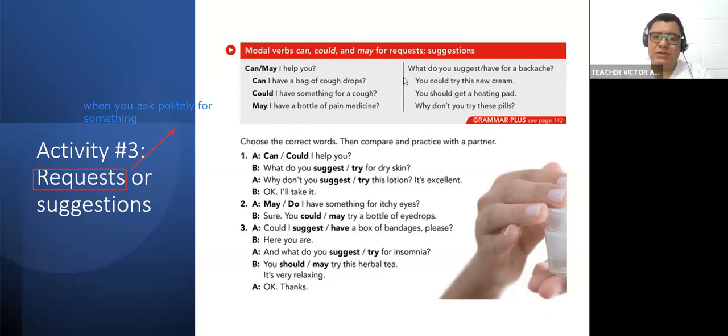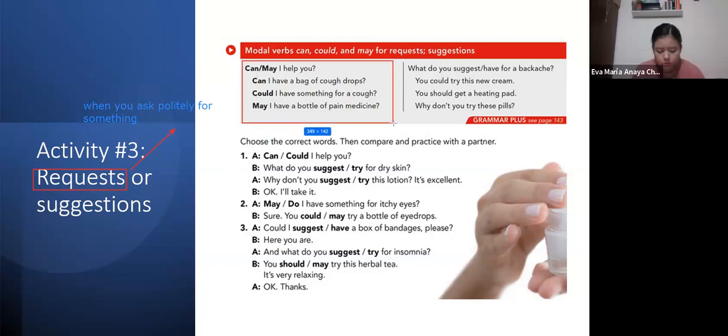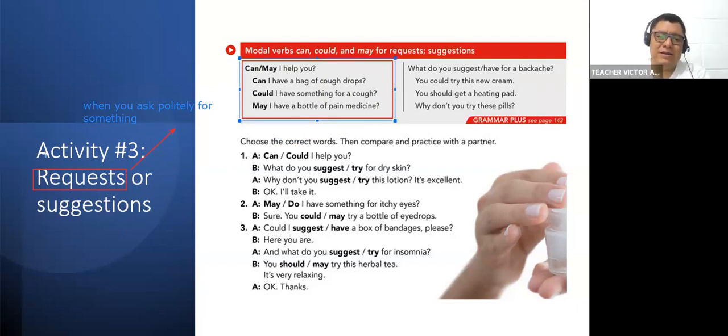So what we're going to study today is the use of can, could, and may for requests or even for suggestions, right? Here we have these examples which say, can I or may I help you? Is there any difference here, guys, when we say can I versus may I, or is it the same?